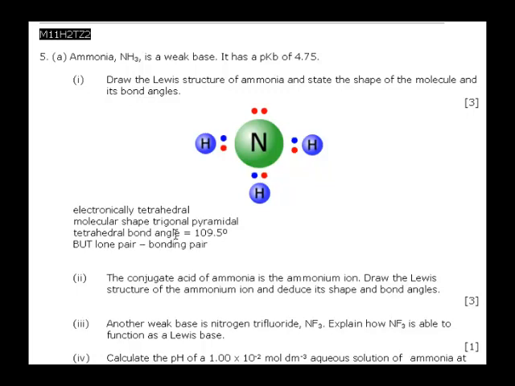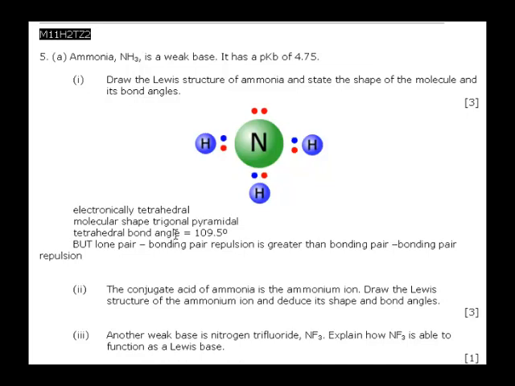But due to lone pair bonding pair repulsion being greater than bonding pair bonding pair repulsion, this squeezes the bond angle down to 107 degrees.